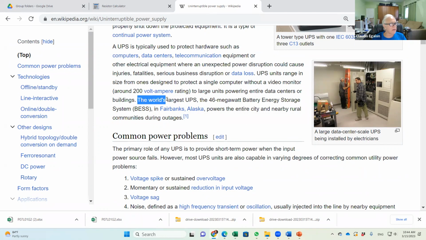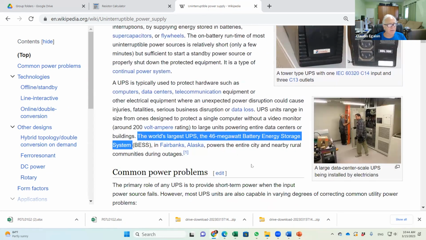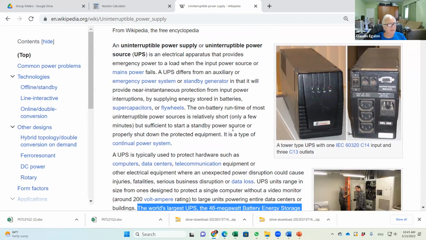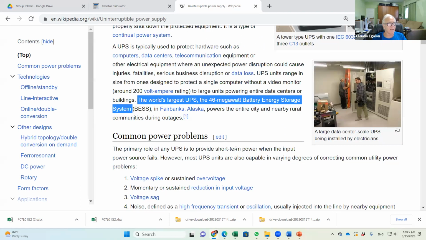The world's largest UPS: a 46 megawatt battery energy storage system. The one that I have is not megawatts, it is kilowatts. A megawatt is 1,000 times more powerful. But we have smaller consumer devices, and you won't need a megawatt type of storage system.